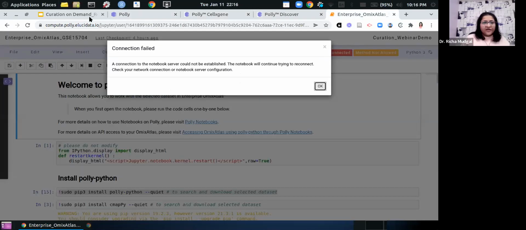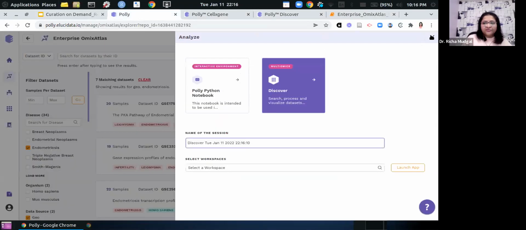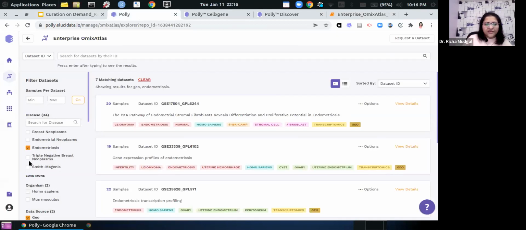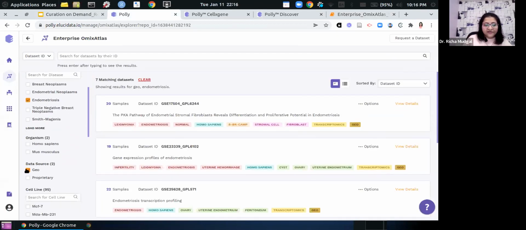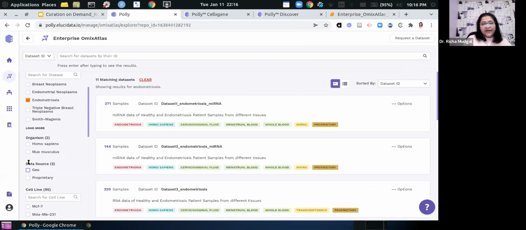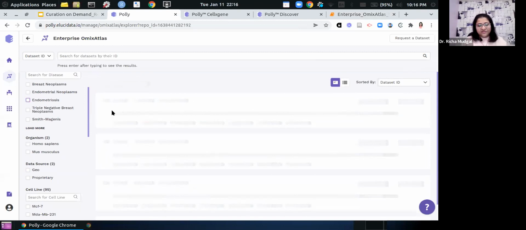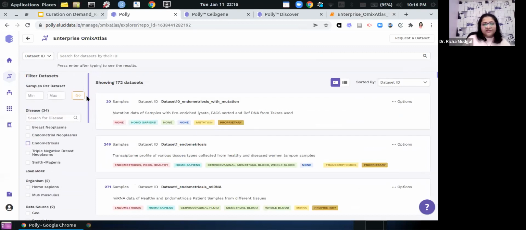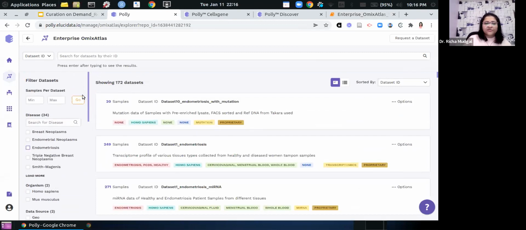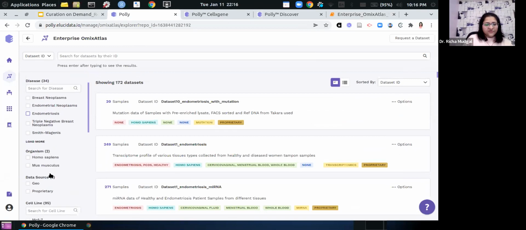Right. Another thing that I wanted to remind was that they were very interested in single cell data, especially related to endometriosis. One of the key things is they wanted to see if there are any genes within the normal cells, and what the transcriptomics profile is. The data set they wanted to explore was for normal cells in single cell.